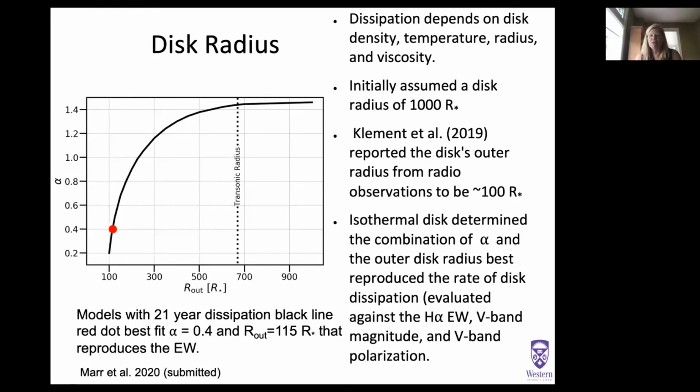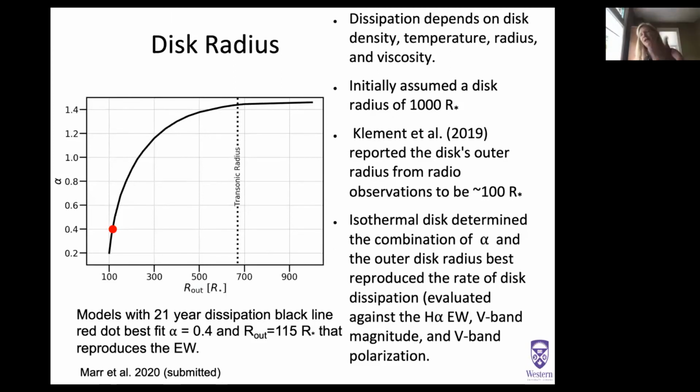However, realizing that we had to go back and do this again, we did a more careful job of getting the outer radius of the disk through H alpha equivalent width, V band magnitude and polarization. We also looked to the literature. A colleague, Robert Clement, had reported a much smaller disk.